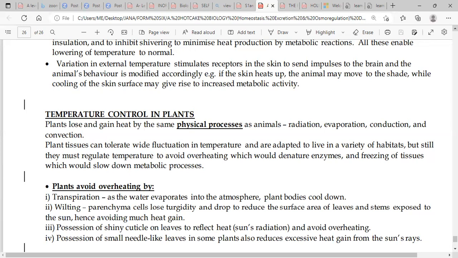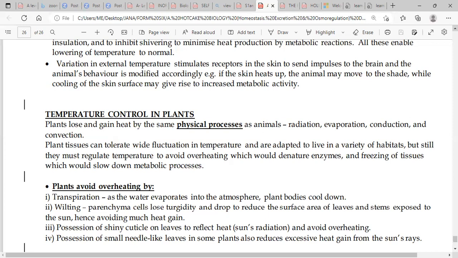So we covered the homeostatic control systems, that is the control of glucose concentrations. We looked at the liver, the specific functions of the liver. We looked at the kidneys and the roles that are performed by the kidneys in osmoregulation, excretion, and homeostasis.